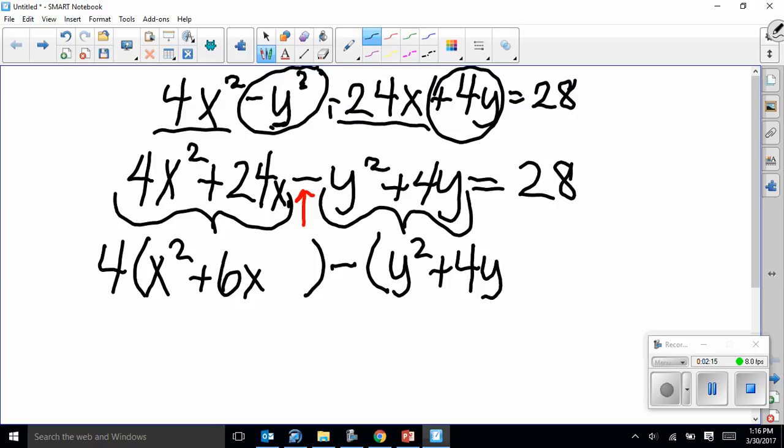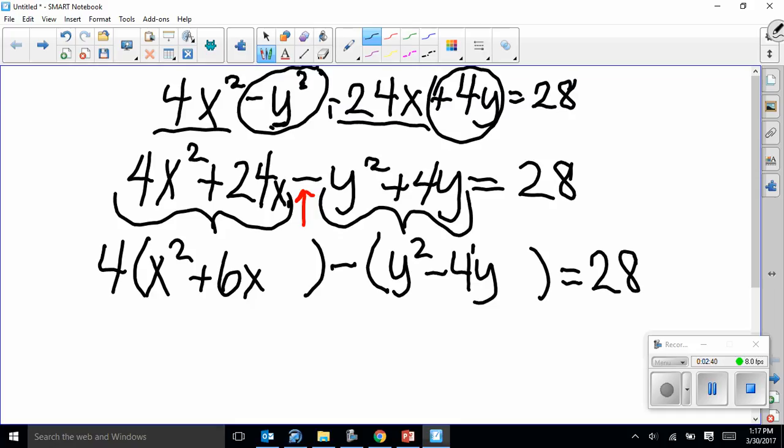Now when we put our parentheses, we need to be careful because this is distributing, so we're going to have a sign change here. So this will become minus 4y, so that when we go back and distribute, we're not changing the value at all.